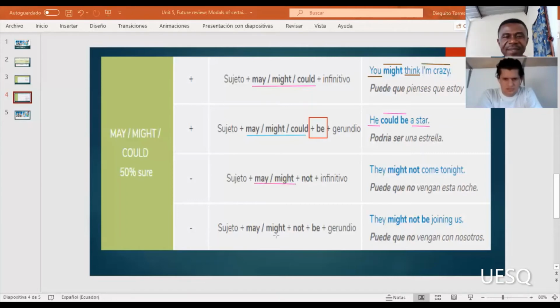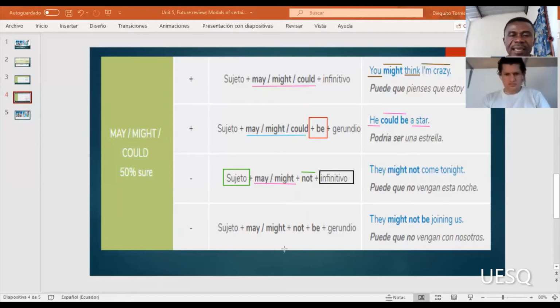For the formula, you have subject plus may or might for the modal verb, plus not, because we are talking about negative, plus the infinitive. Very good. So let's see an example. They might not come tonight.